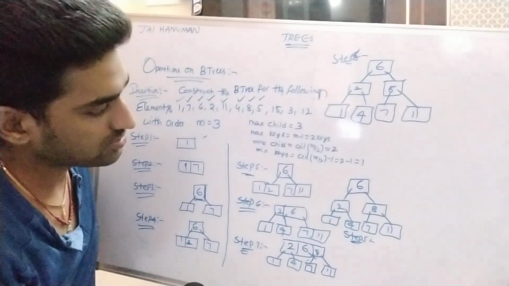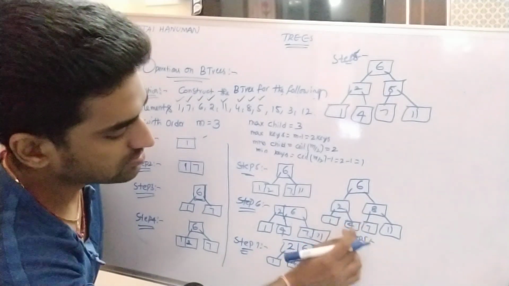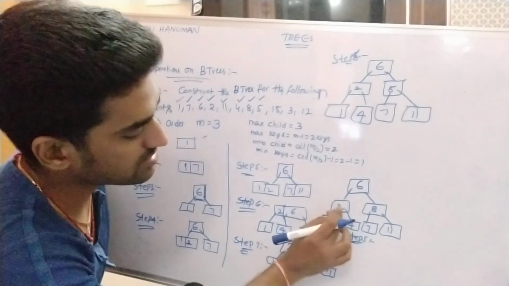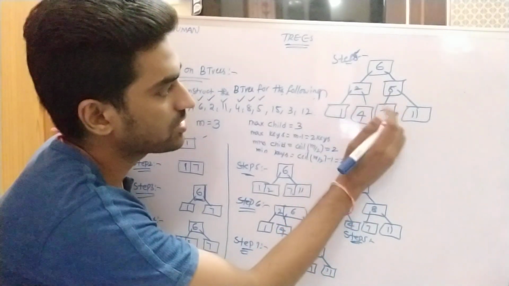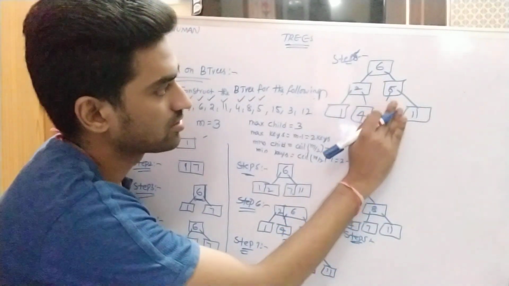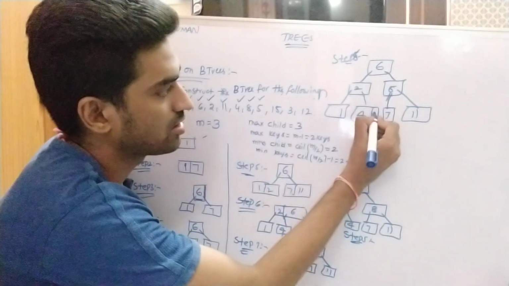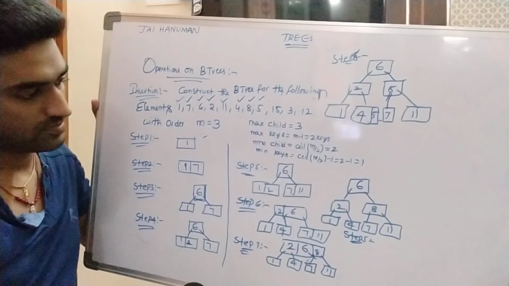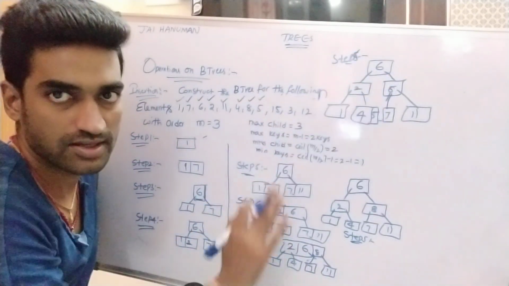So when compared to 6, this is a lesser value, so that's why we are inserting right of 2. So now the tree becomes like this. Right, now this tree satisfies the B tree property.